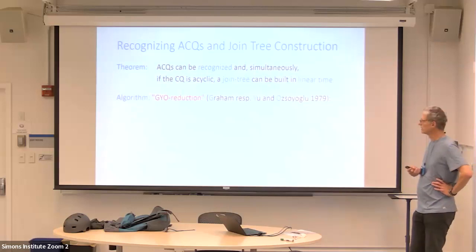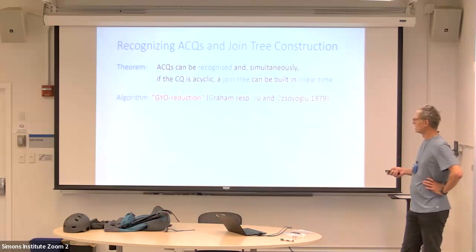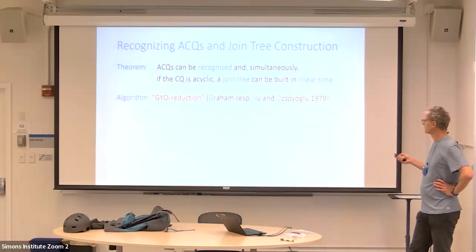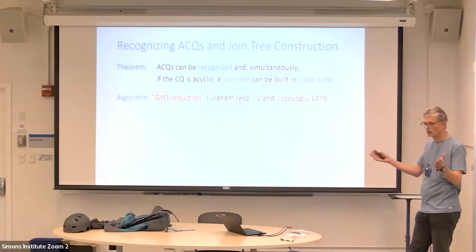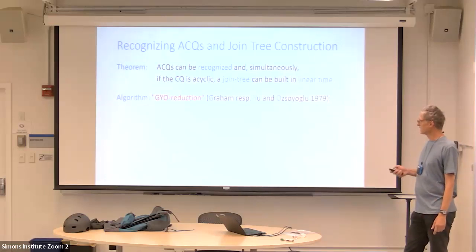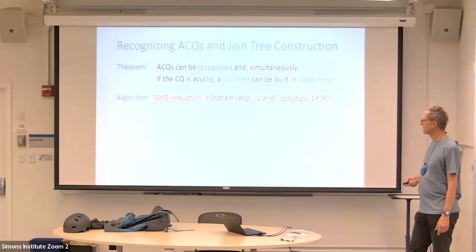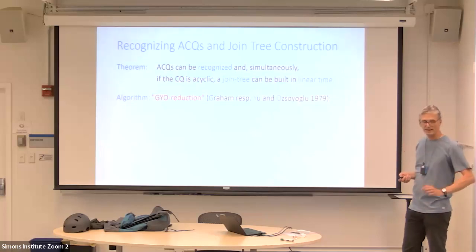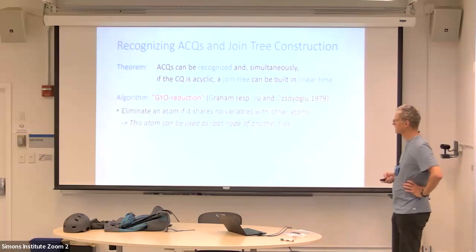And this can be done in linear time, and this result is due to Graham on the one hand and Yu and Ozsoyoglu on the other hand, who published this result independently in 1979. And to honor the authors, this algorithm is usually called the GYO reduction. And it goes as follows.